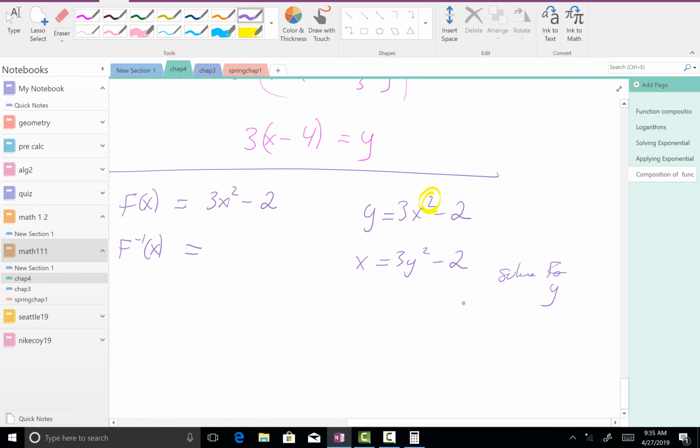Okay, so we're solving for y. What would we do first? Yeah, so we're going to add the 2. Then what? Divide by 3.